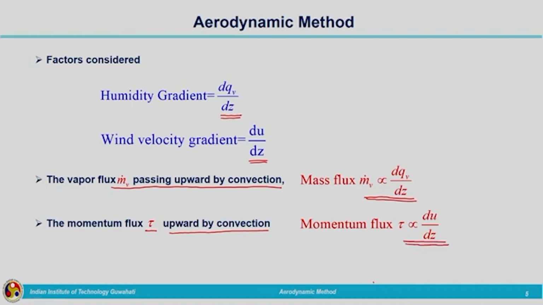Mass flux is proportional to humidity gradient, and how much momentum flux is taking place depends upon the wind velocity. That is why it is proportional to du by dz, the wind velocity gradient.